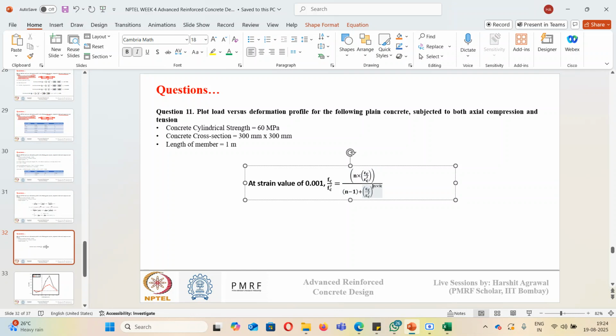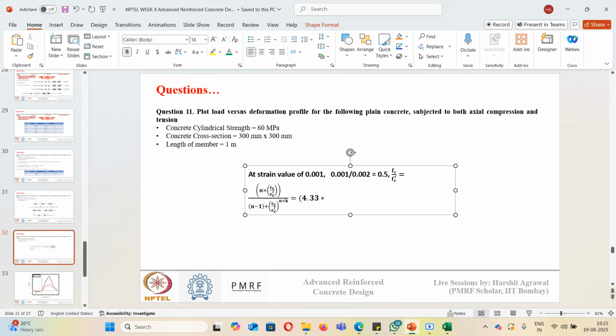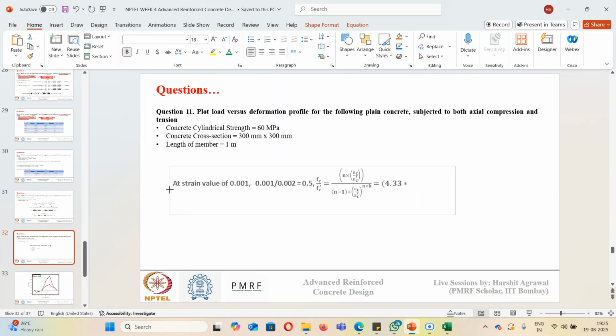f'c I know is 60. So this will be 4.33 times epsilon c upon epsilon c dash, which will be nothing but 0.001 divided by 0.002, which is 0.5. I will directly use this factor as 0.5 here so that I can keep a simple equation for understanding.